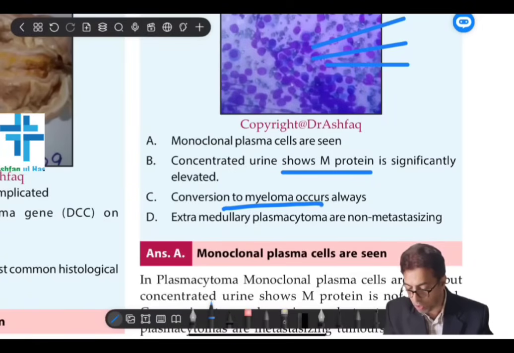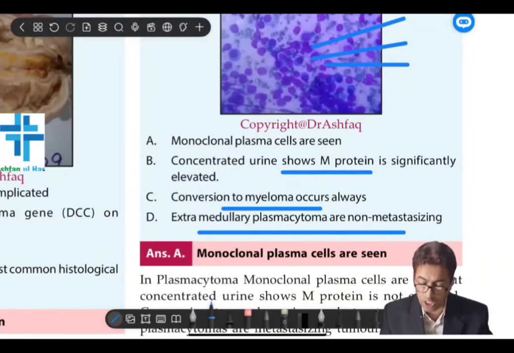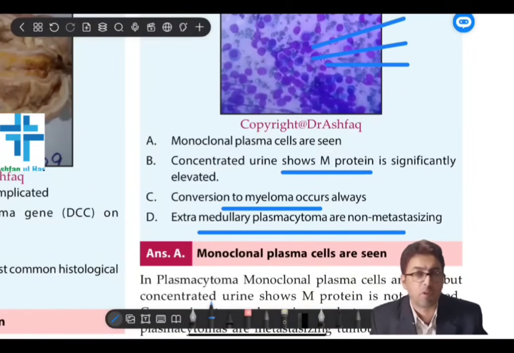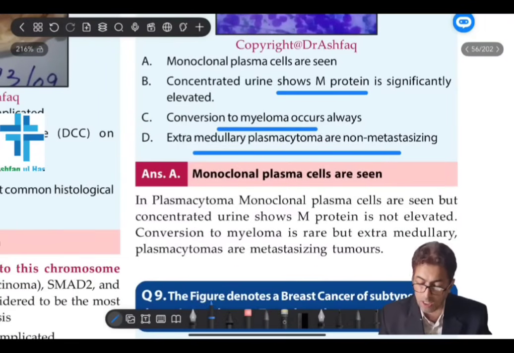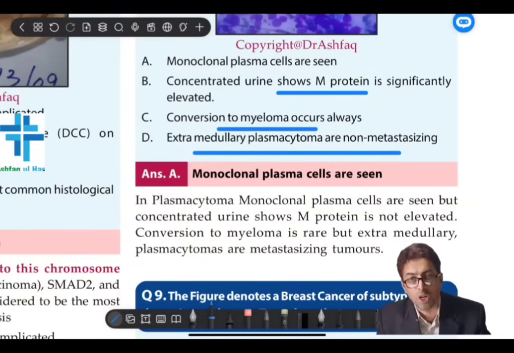Conversion to myeloma always occurs, and extramedullary plasmacytoma are non-metastasizing. Now that's important. You have to remember some of the pathological features of plasmacytoma. So important is that plasma cells are seen, but concentrated urine shows M protein is not elevated.